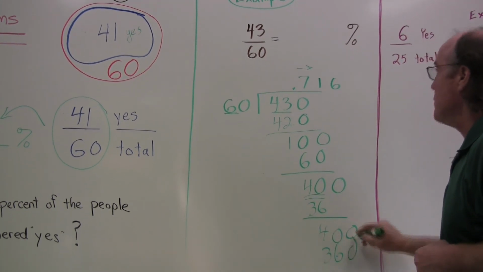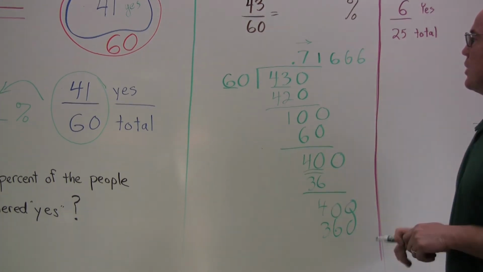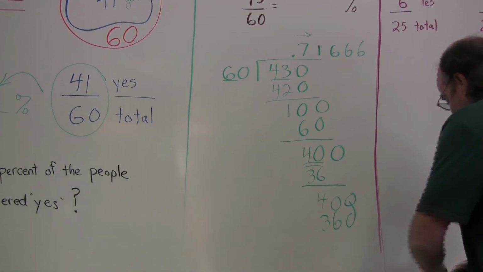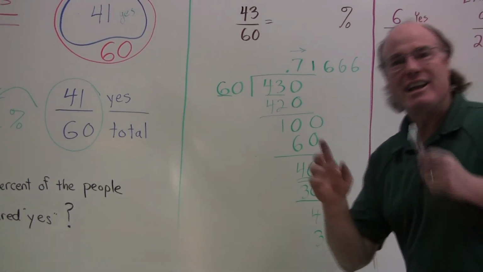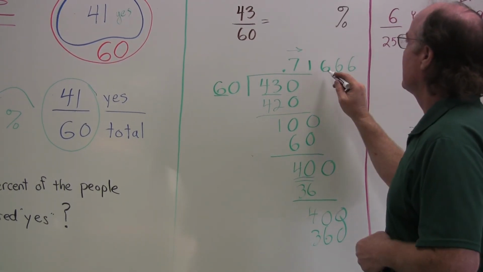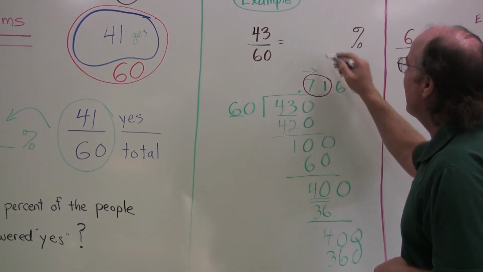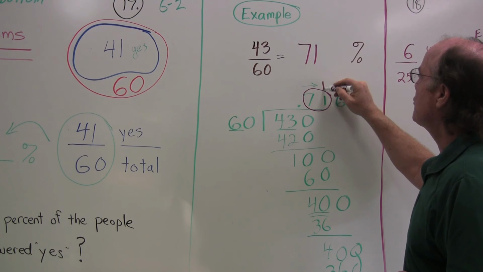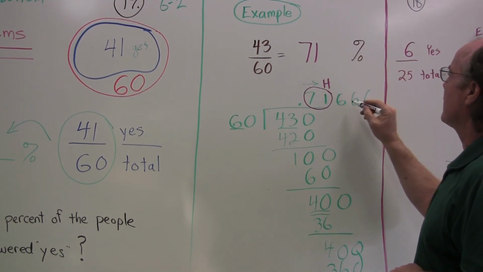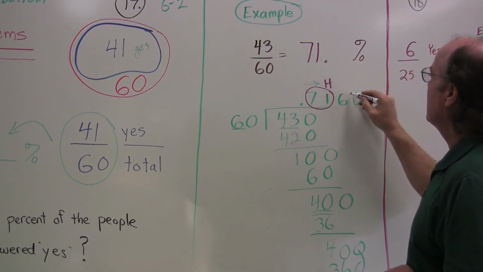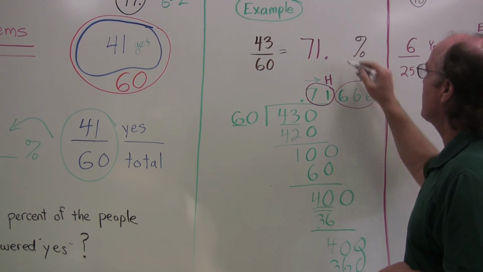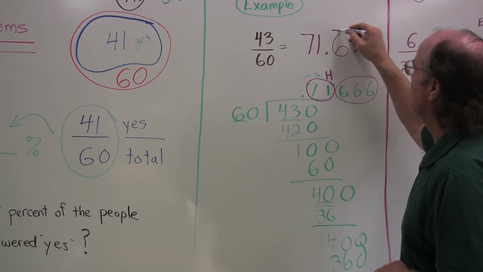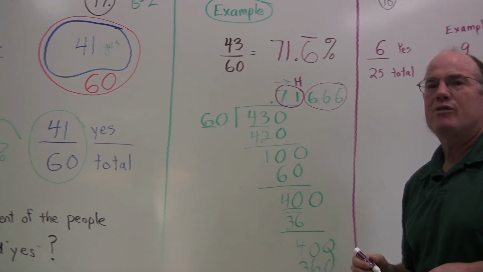We'll have that repeater going on here. Now remember, this is not the answer. Now we have to convert it. Right there is our hundredths, 71%. Period. And then how do we write that? 6 with a repeating bar over it.